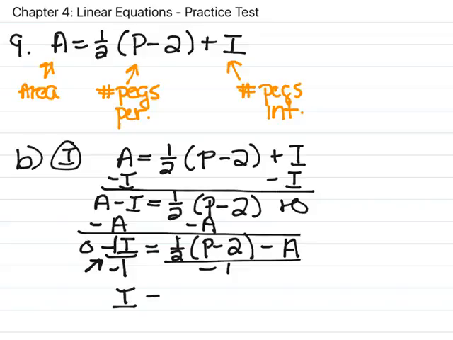So you end up with I is equal to negative a half P minus 2 plus A. And there's your final answer.